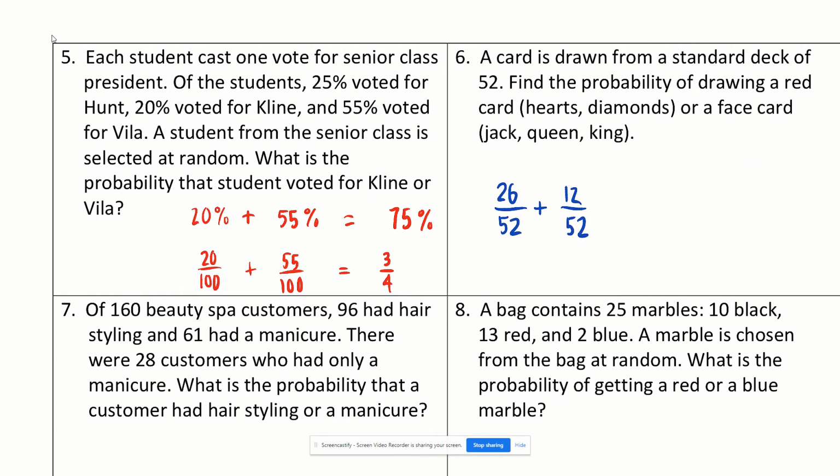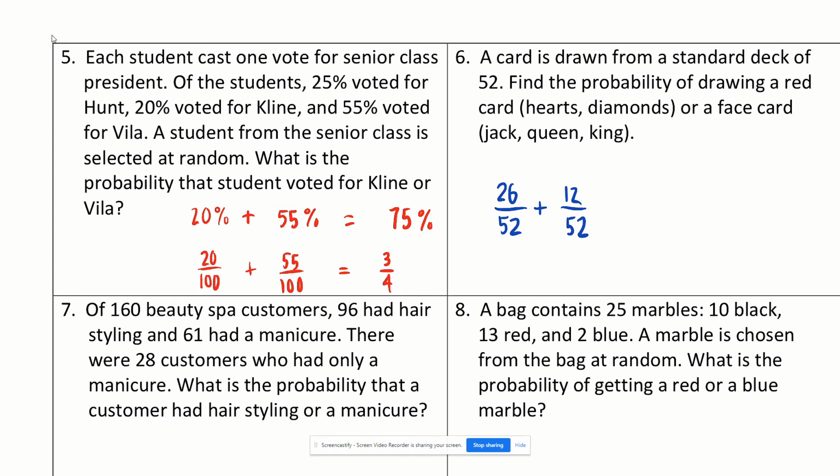Here's why. Were there face cards that we had already added that were hearts and diamonds? Yes, remember, hearts and diamonds have face cards. So we added the jack, queen, and king when we added the hearts and the diamonds. So we added jack, queen, and king of both hearts and diamonds.